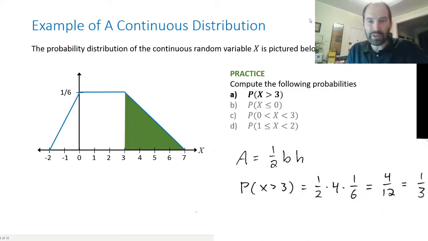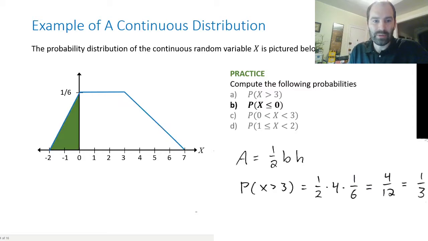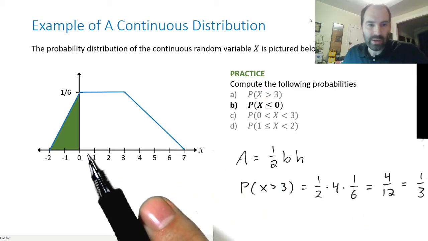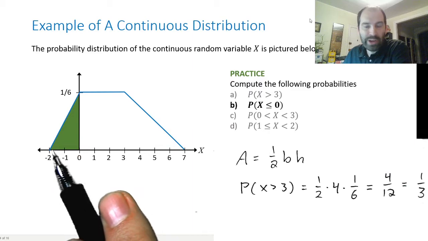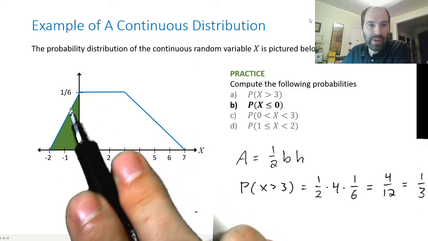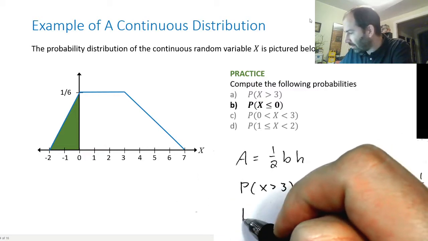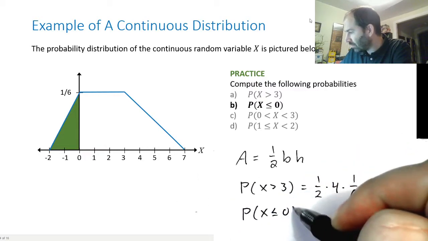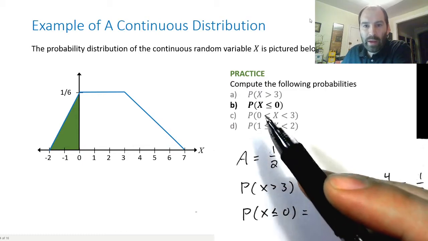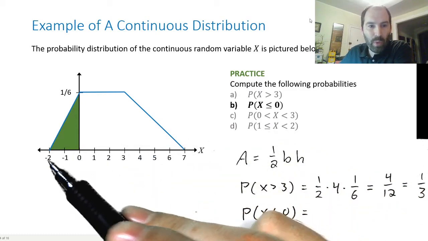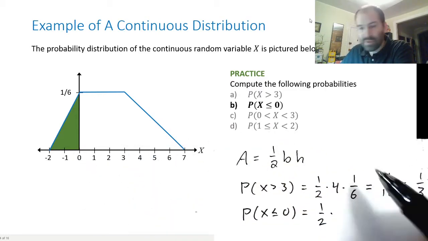The probability that x is less than or equal to 0. Here we are. To be less than or equal to 0 means we're over here. And so we're computing the area of this triangle. How do I get that? It's going to be 1/2 times the base.